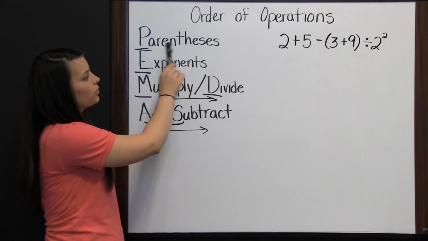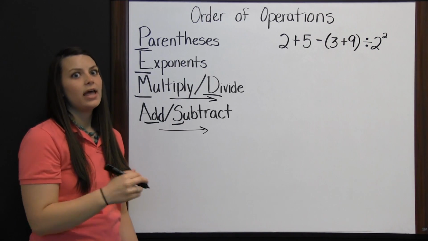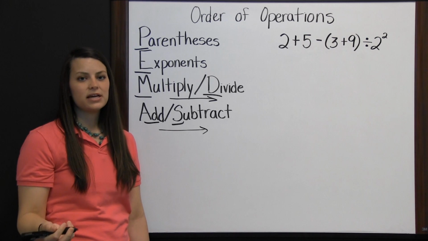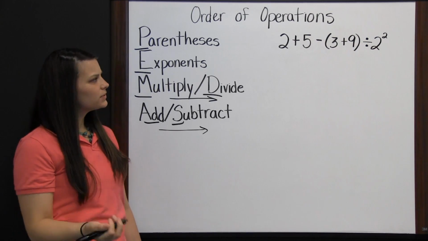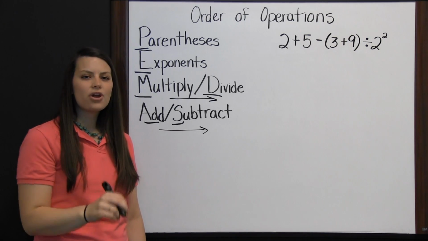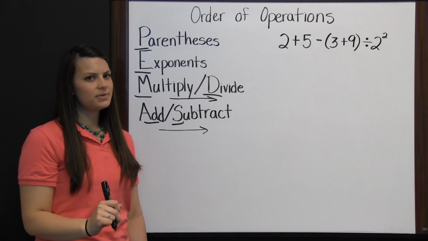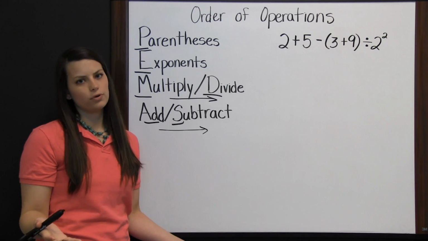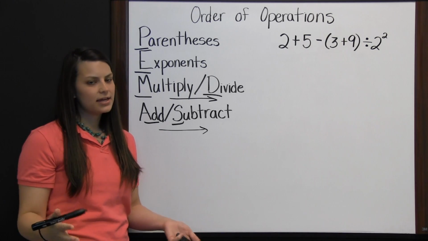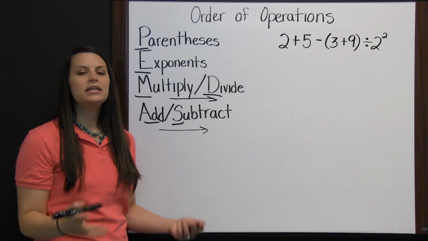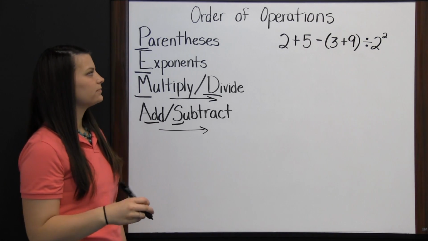P is for parentheses. Anything in parentheses should be done first. This one's a little misleading though, because it's not just parentheses that should be done first, it's all grouping symbols. Brackets, absolute value, anything that groups numbers together.